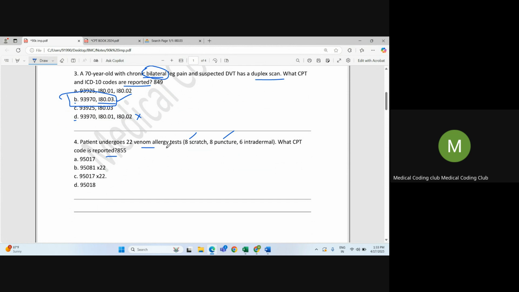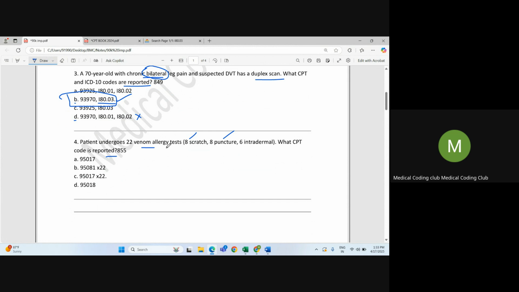Only injection means the patient will buy the medication or bring the medication from outside. The doctor will take that medication and just inject. That is a separate code set we have. And one more code set is provision and injection. Provision means the provider will prepare the antigen and then inject it to the patient. That is again a separate code category.